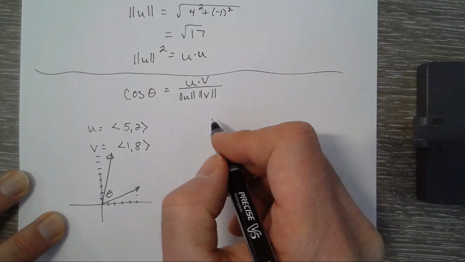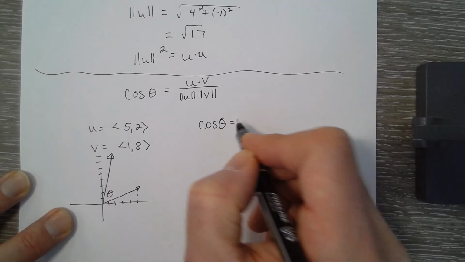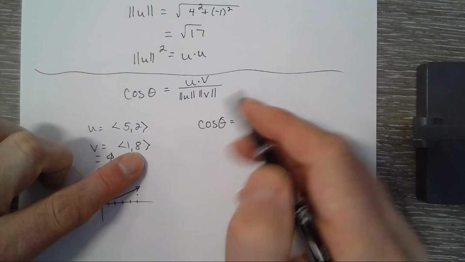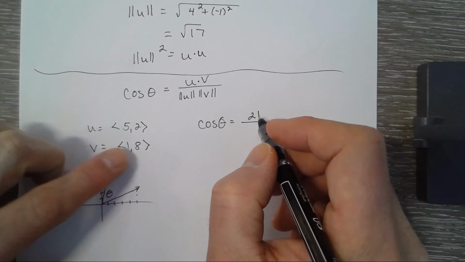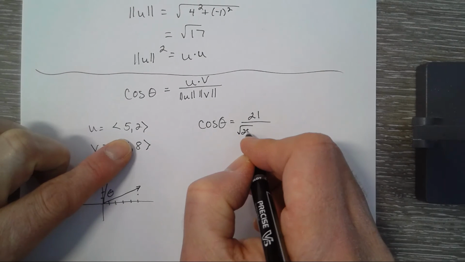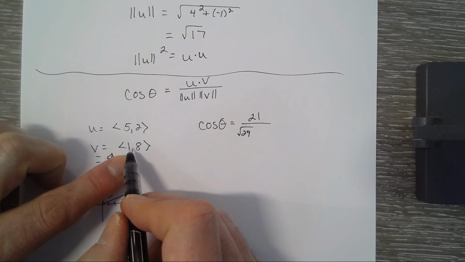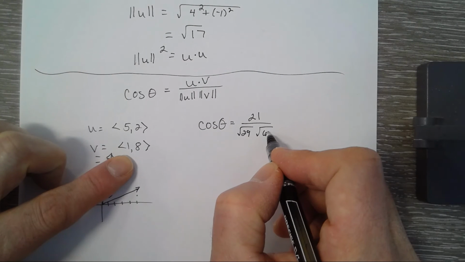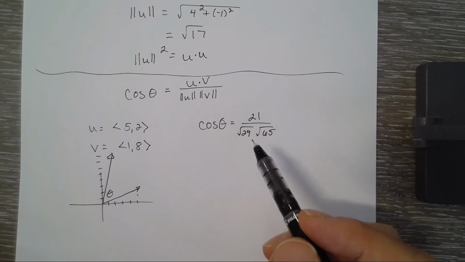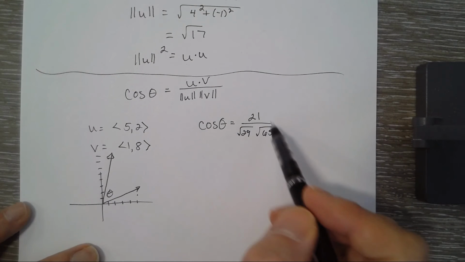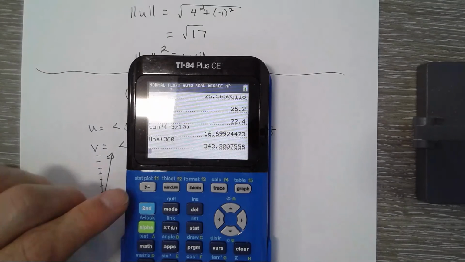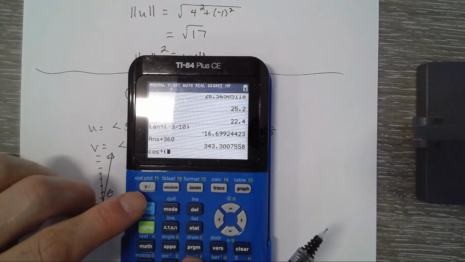So the cosine of theta would be u dot v, so 5 plus 16, 21, over the magnitude of u, square root of 29, times the magnitude of v, square root of 65. Then you just have to figure that out and do the inverse cosine of it.